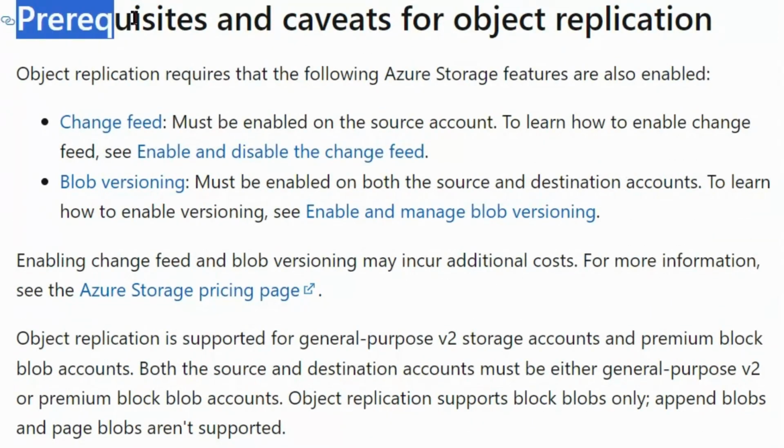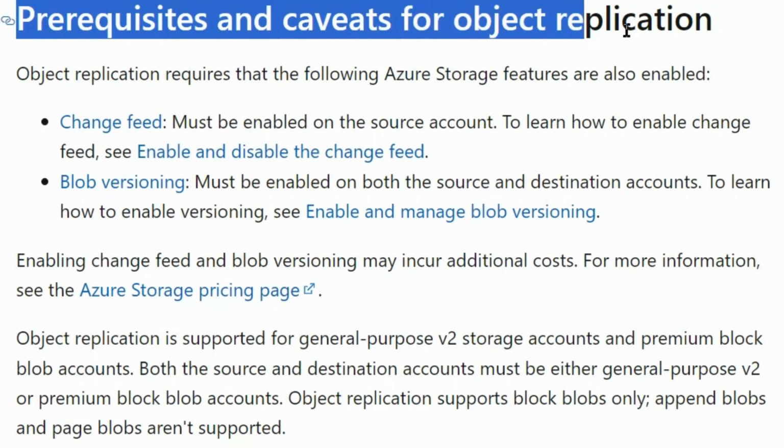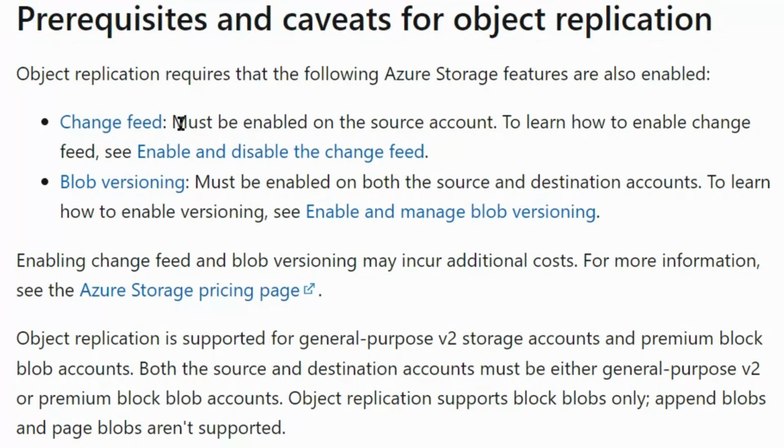Let's discuss about the prerequisites and caveats for object replication. The change feed must be enabled on the source account. This is one of the requirement. Second requirement is blob versioning must be enabled. However, it is not asked in the question.